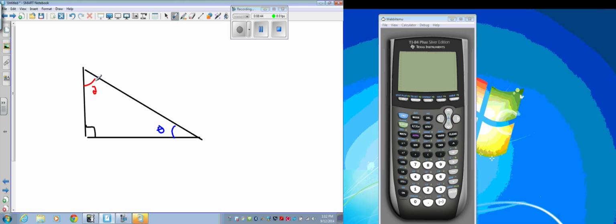then in terms of the sine of theta, it's the side opposite and the hypotenuse.